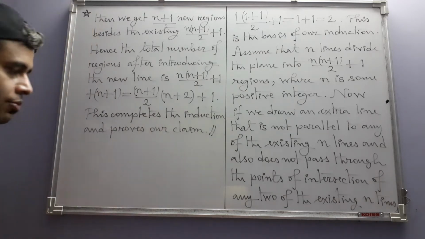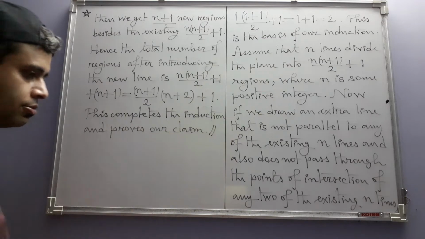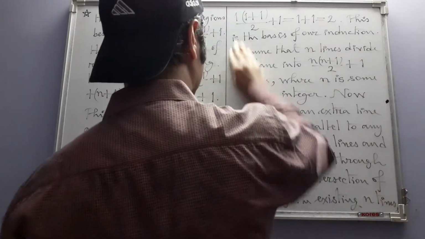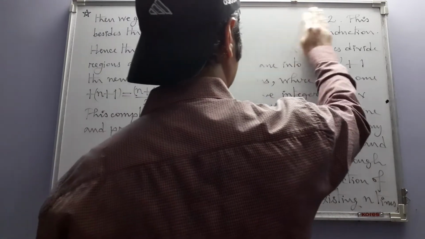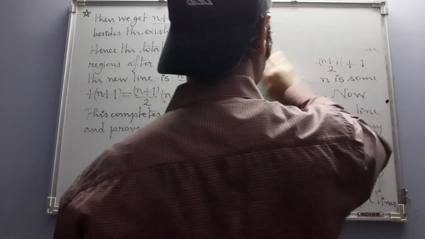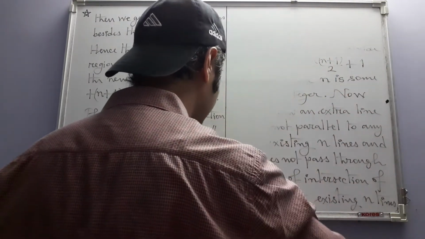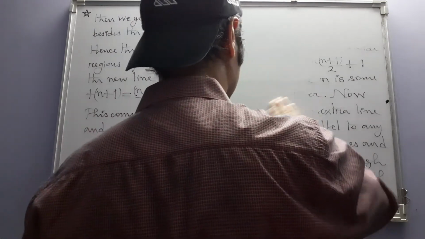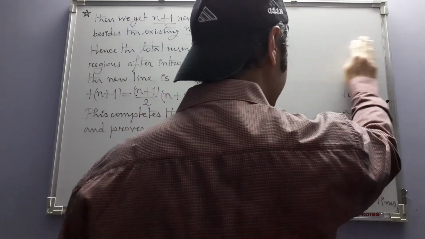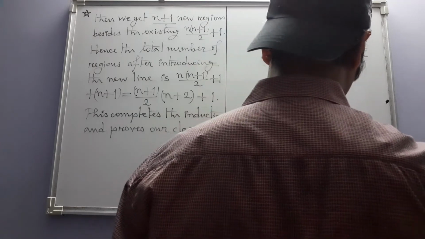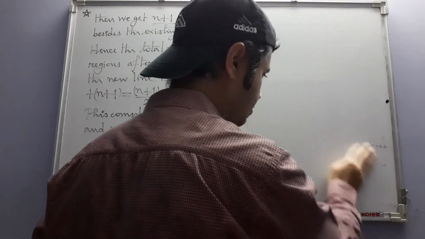For the sake of clarity, let's just do that here. How do we know that exactly n plus 1 new regions are being generated? That is the question now.